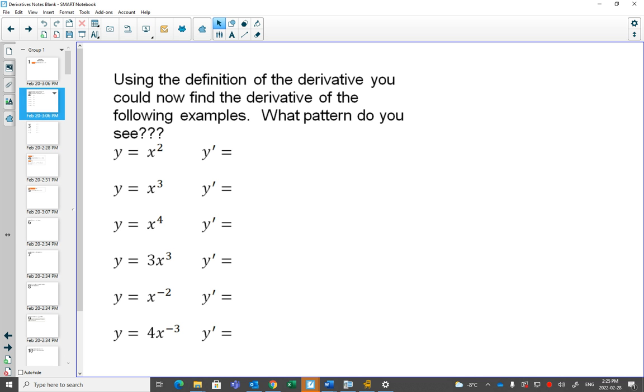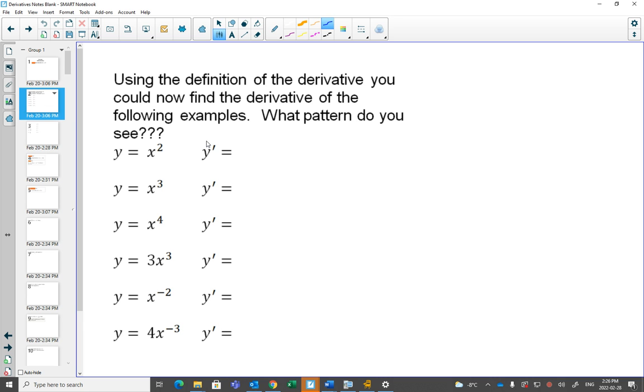So imagine you had to do all of these with the definition of the derivative. Like, that's where you have to plug in that x plus h and simplify until the h cancels out. And some of these would be rather long, like the x to the 4 and the 4x to the negative 3. But if we looked at these and we started looking for a pattern, okay?